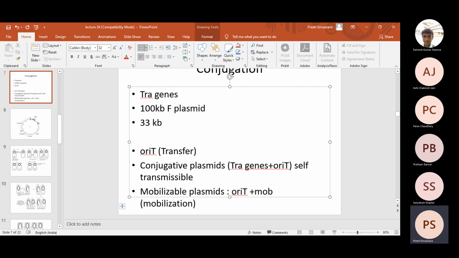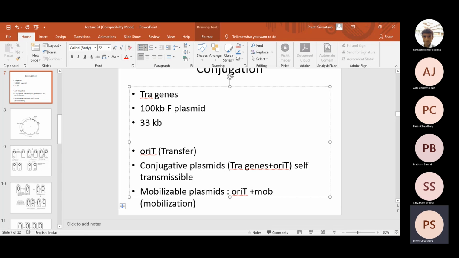In such cases, the TRA proteins are provided by the host chromosome, the host strain. So mobilizable plasmids can be small in size because all the TRA genes will be encoded by the host chromosome, but origin of transfer is a must in both of them.